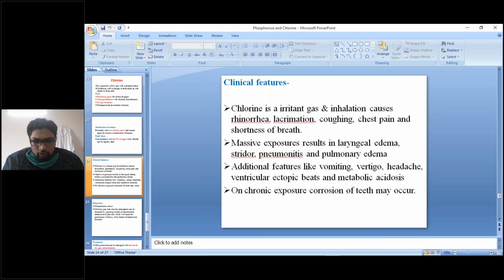Other features are vomiting, vertigo, reeling sensation, headache, ventricular ectopic beats (VEBs), and metabolic acidosis. These are other non-specific symptoms. On chronic exposure, corrosion of teeth can also occur. So mostly respiratory symptoms prevail in poisoning.